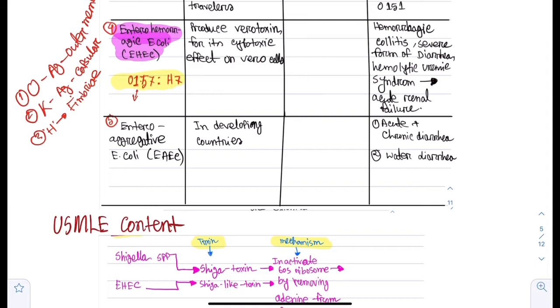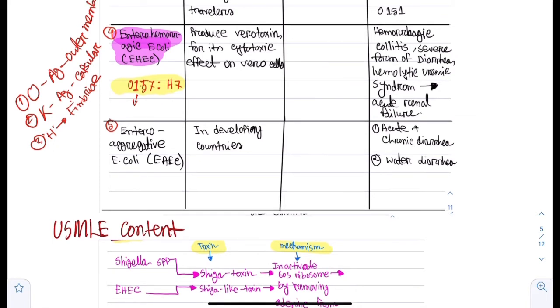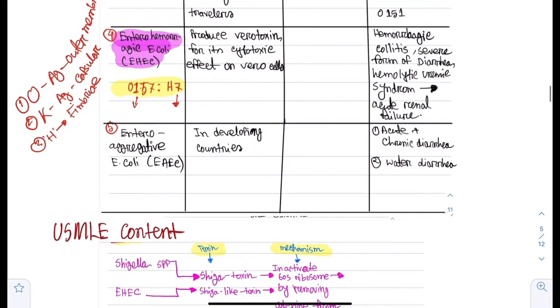So there are 157 antigens in the outer membrane, because we have so many antigens outside of the bacteria, so we just count them as a number. And the flagellar antigen is depicted as H, with the antigens in the flagella counted as 7. That's what the whole number means.